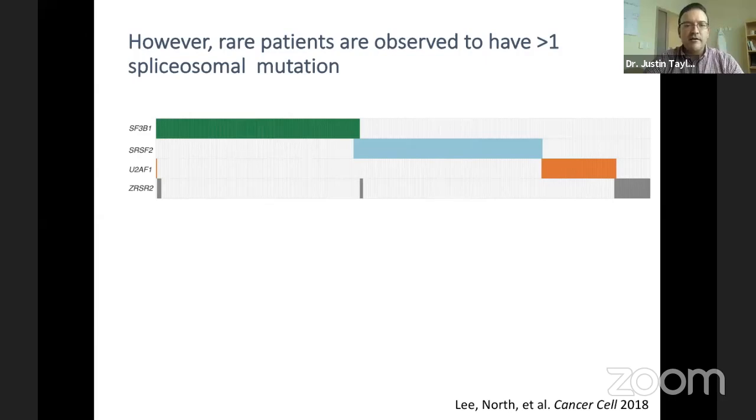However, we and others have noticed there are a few patients in the overlap region that have more than one spliceosomal mutation. So even though at a population level these are mutually exclusive, in these rare individual patients, they seem to defy that epistasis.